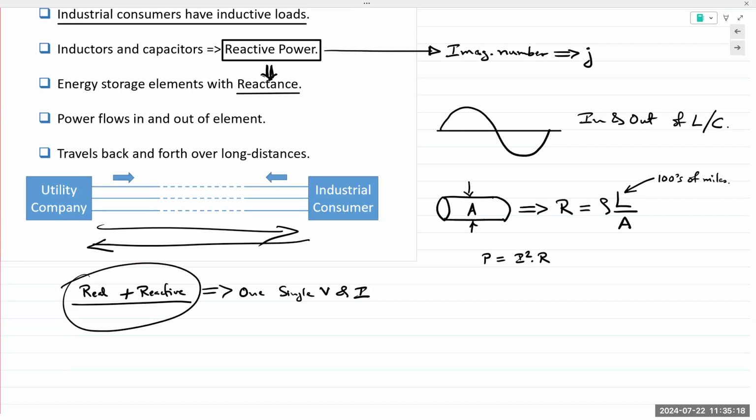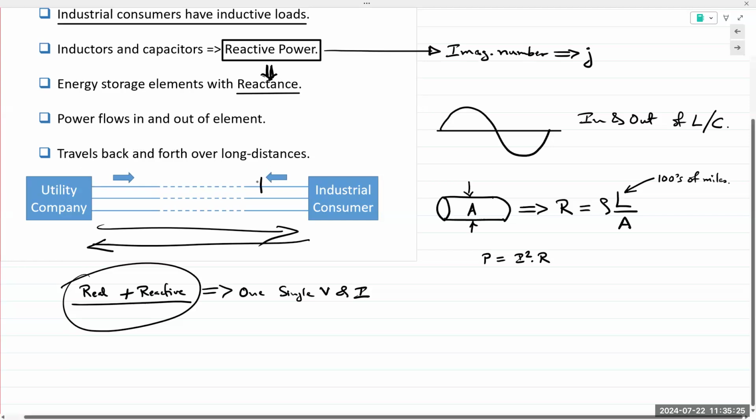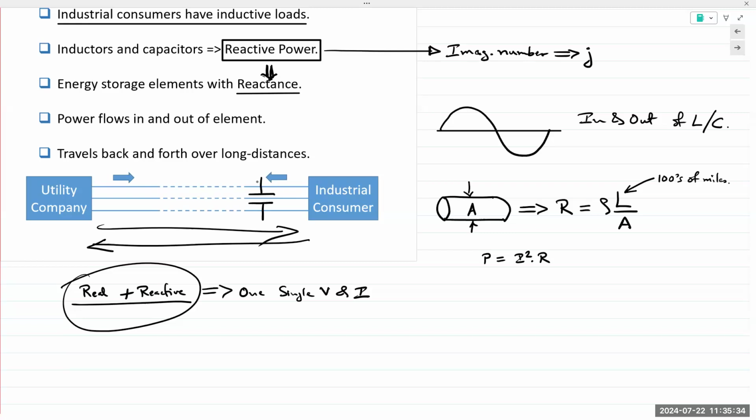But instead of going all the way back to the utility company, if we place a capacitor in front of the machine locally, then the power goes into the capacitor. So the next half cycle, when the inductor requires that reactive power, that energy comes not from the utility company, but from the local capacitor.